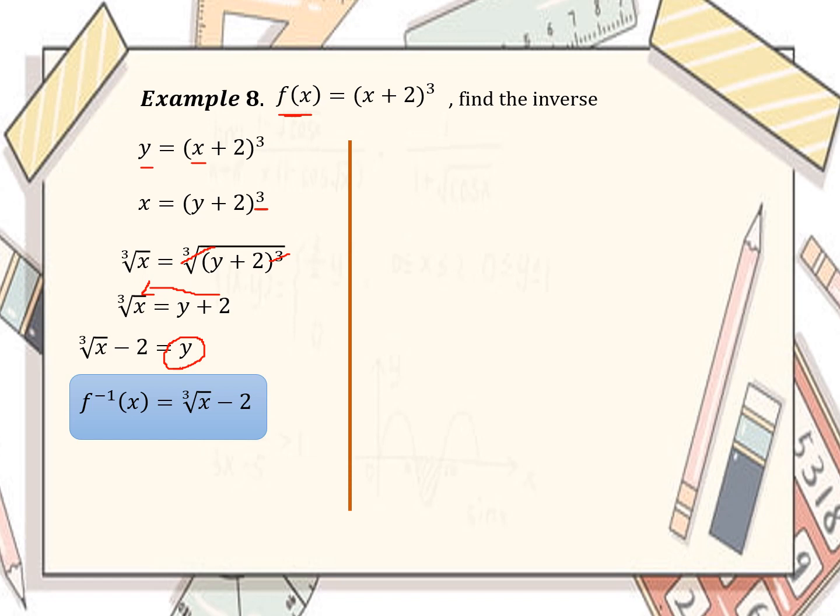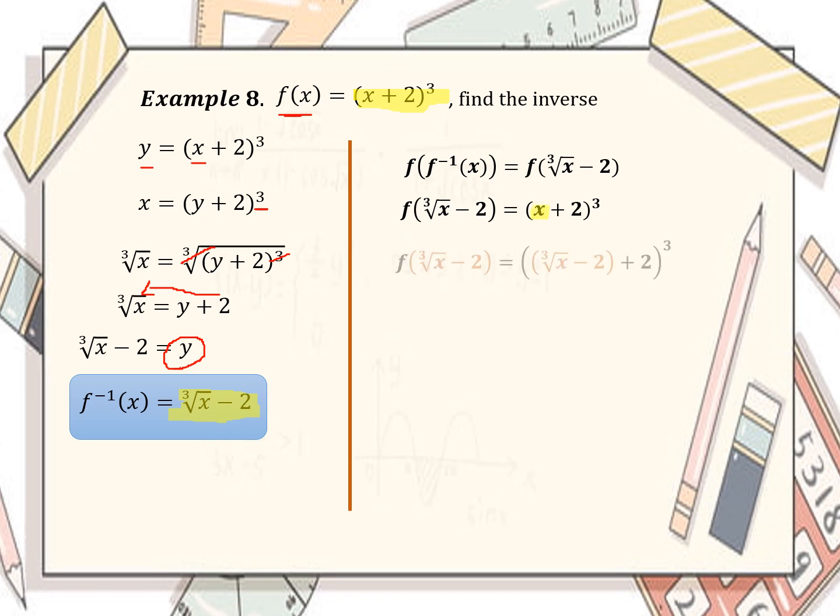So, pag iti-check na natin, pwede gawin nating domain itong cube root of x minus 2 doon sa given function na the quantity of x plus 2 raised to 3. Okay, so change natin yung x na nasa loob ng parenthesis. Magiging cube root of x minus 2 plus 2 raised to 3.